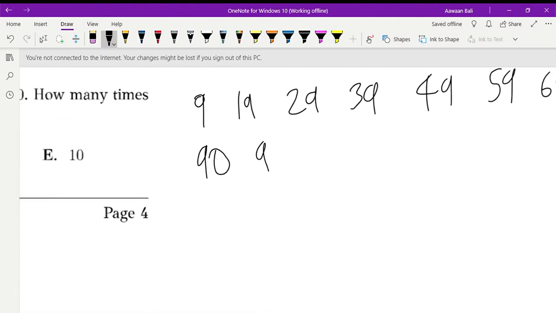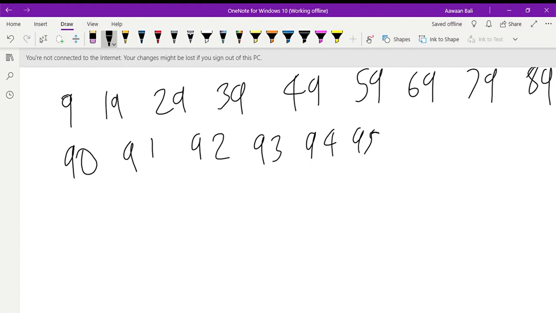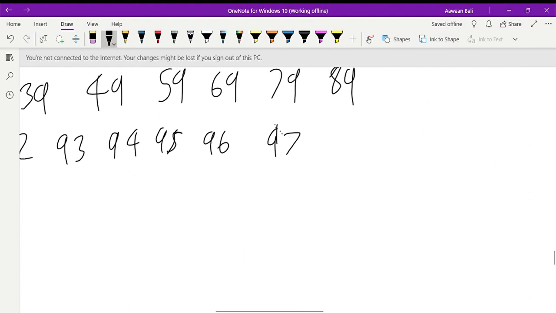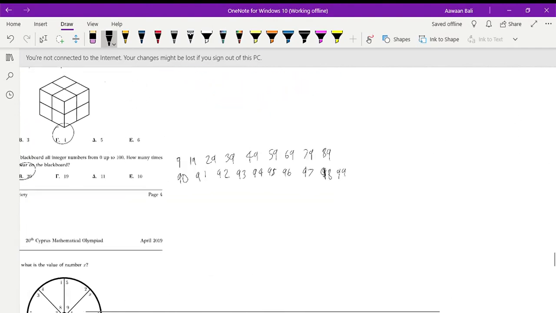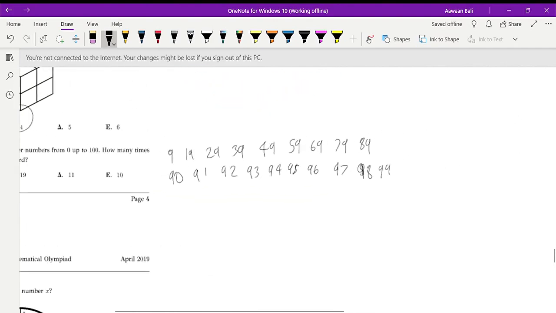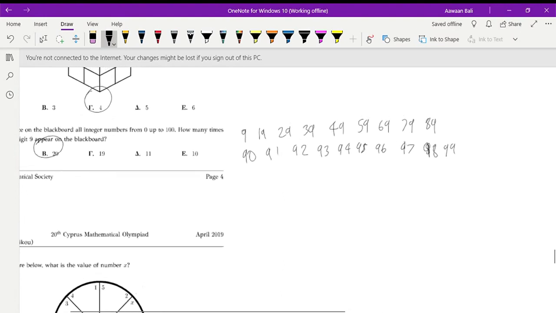So 90, 91, 92, 93, 94, 95, 96, 97, 98, 99. And then that would be all, because it's going from 0 up to 100.